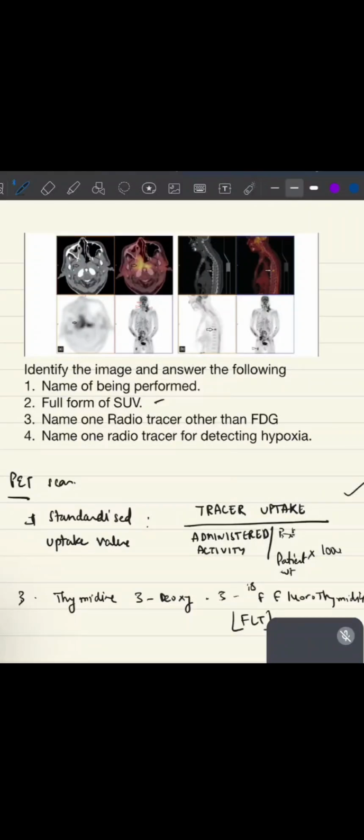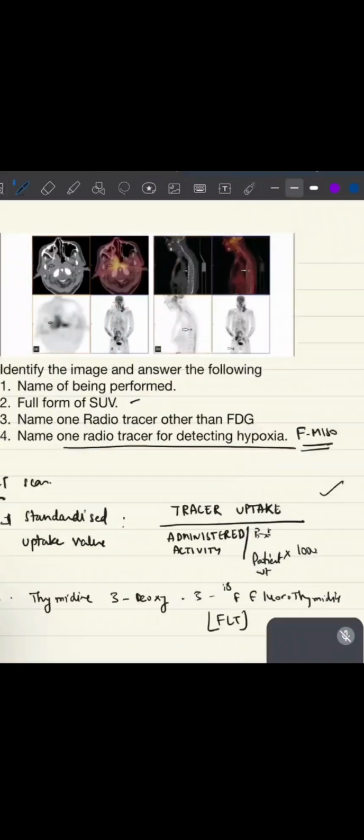Apart from that, 11C choline, F-MISO, all these things are there. And one radio tracer for detecting hypoxia is F-MISO. All these things are from your Scott Brown only. So whenever you revise the chapter of PET scan, please make sure the 3-4 points that you have to revise extra apart from the routine studies.